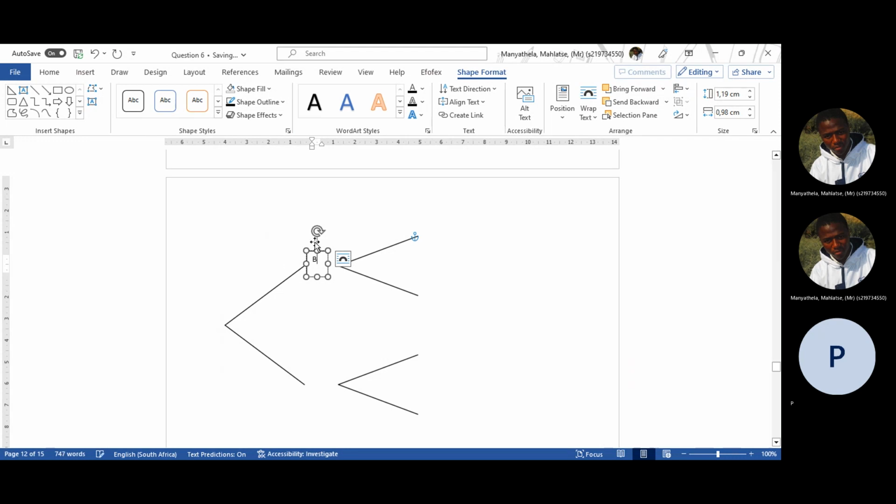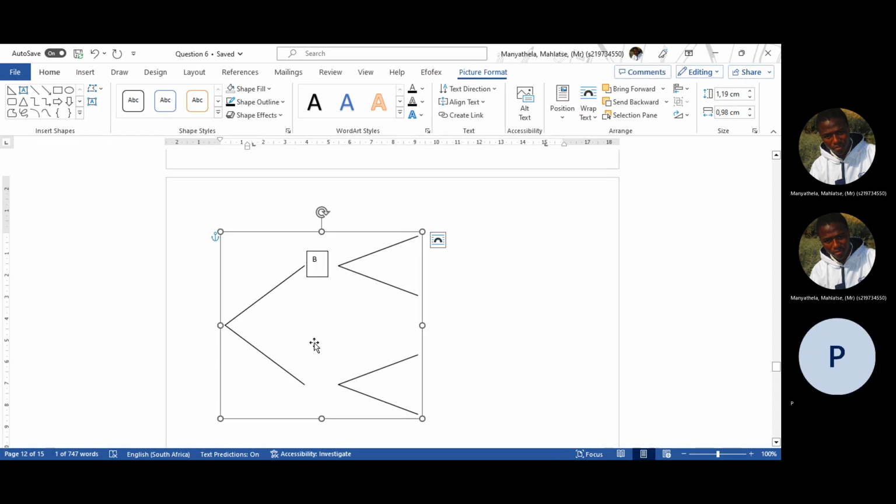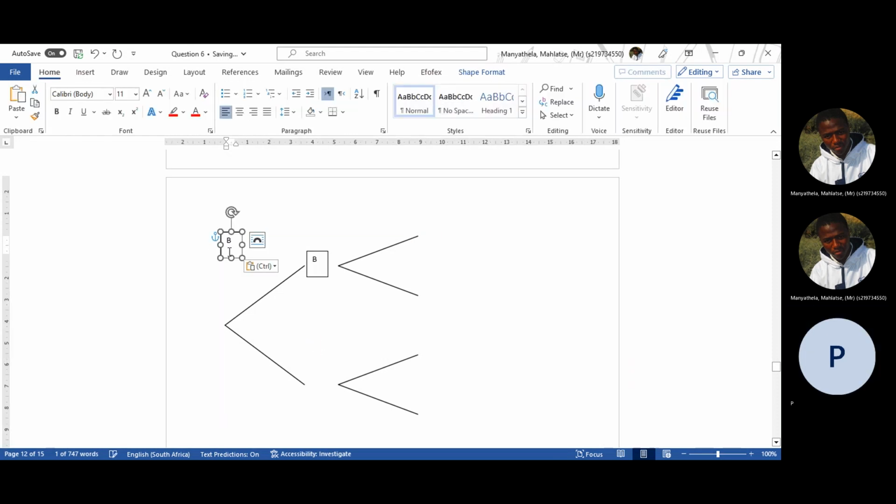This one is for blue. We have green here.